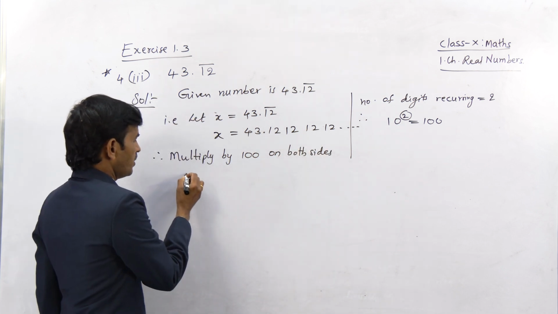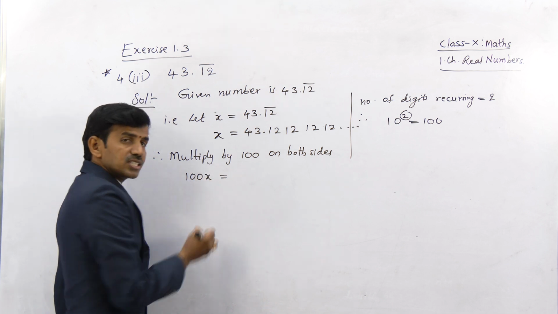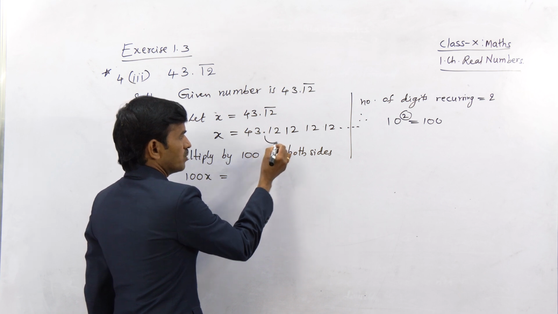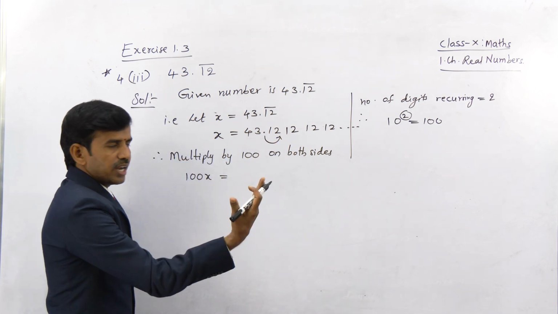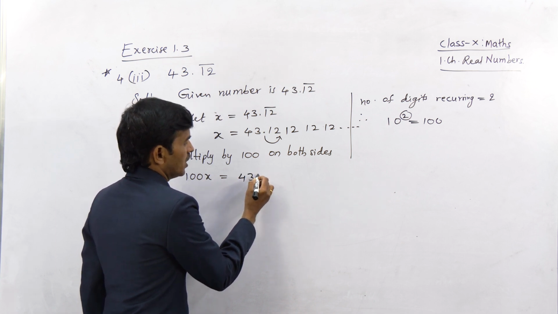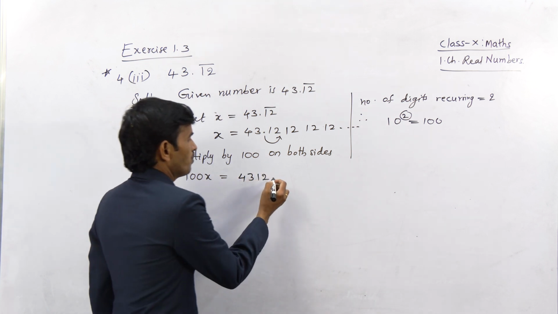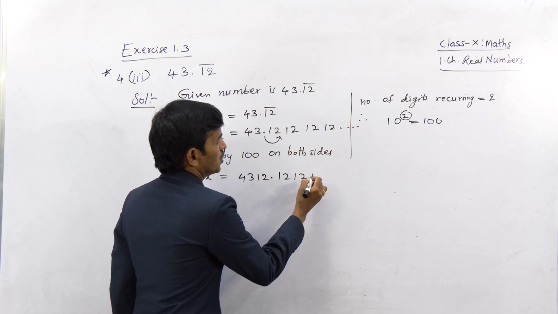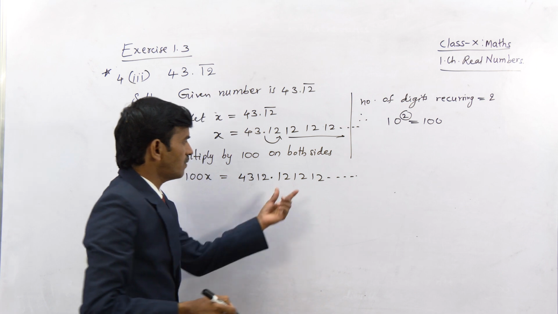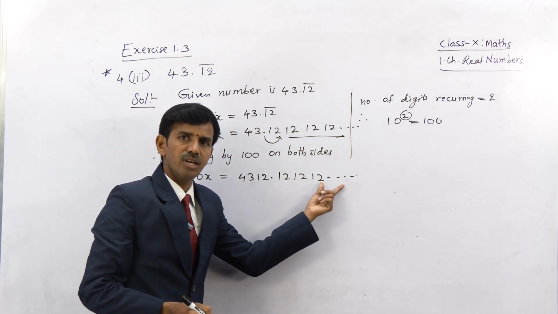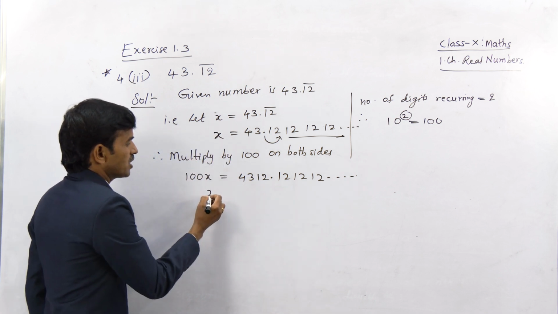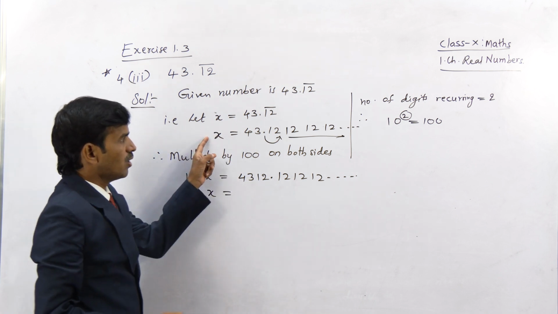What does the equation become? 100x is equal to, when you multiply, the decimal point moves 2 digits to the right, 4312.1212 and so on. Whatever digits are repeating remain the same here. Now this x value is to be subtracted from here. What is the value of x here?